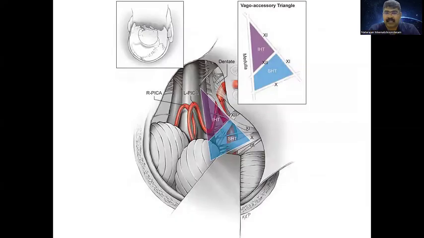So these are the anatomical triangles which we need to remember as far as this PICA is concerned. Okay, so this anatomy, we will see once we do the far lateral or the suboccipital craniectomy. And once we retract the cerebellum, we will be able to see this anatomy.